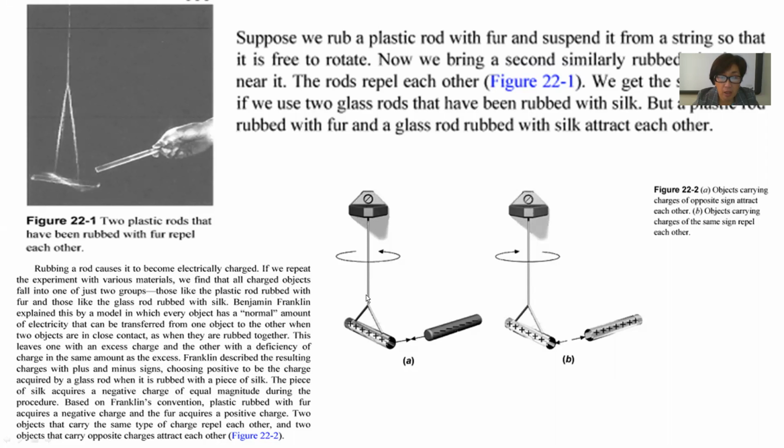In the second figure, B, objects carrying charges of the same sign repel each other. Here this is positive and this is positive, and the same signs repel each other.